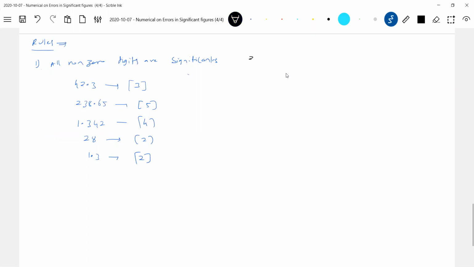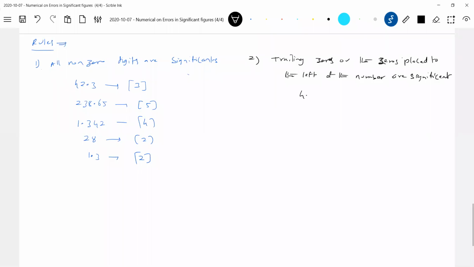Okay, we'll take the second rule. Trailing zeros, or the zeros placed to the left of the number, are significant.